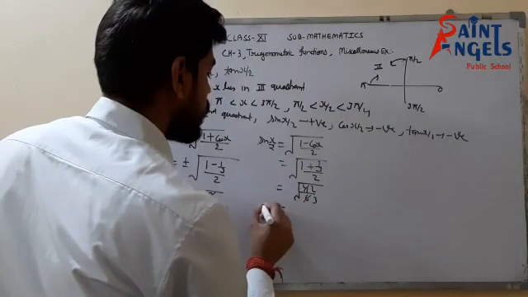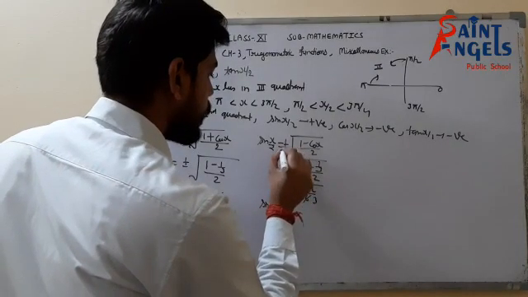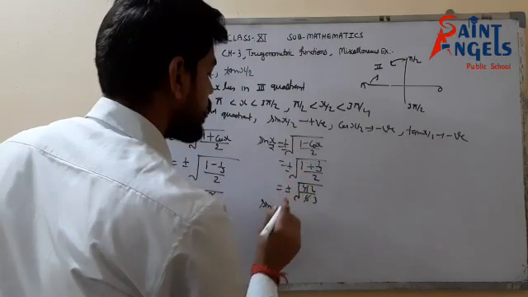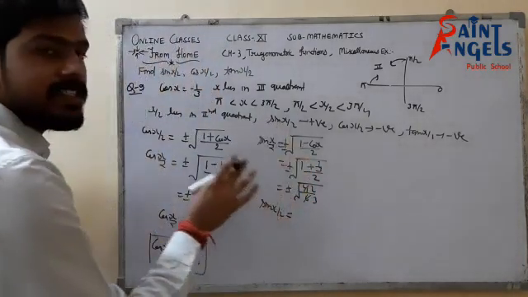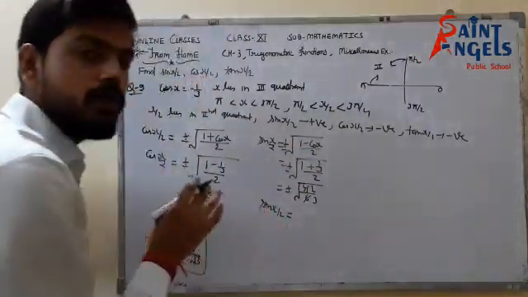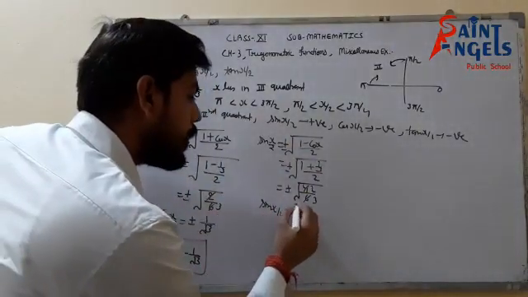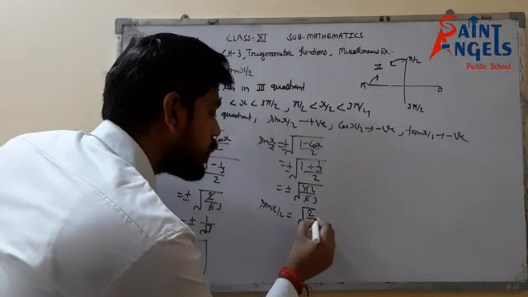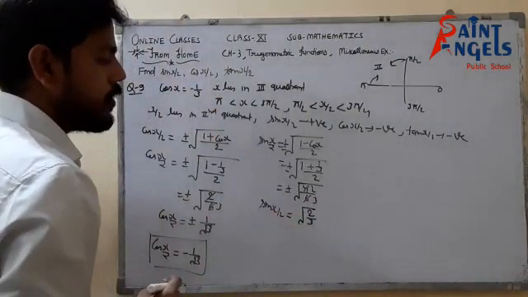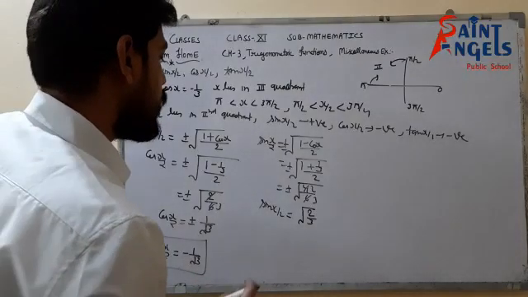Sin x by 2 is positive, because sin is positive in this quadrant, so sin x by 2 equals plus under root 2 by 3. Okay.